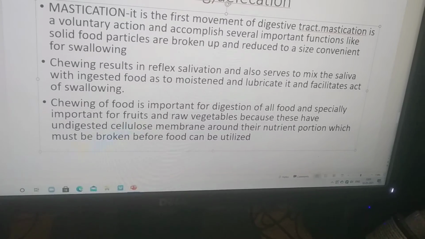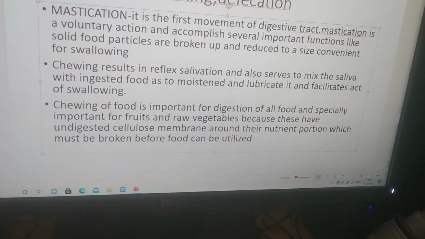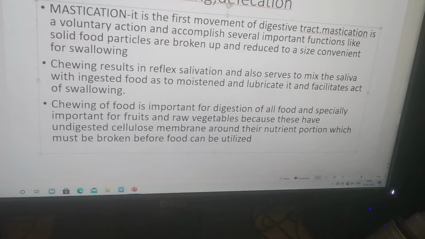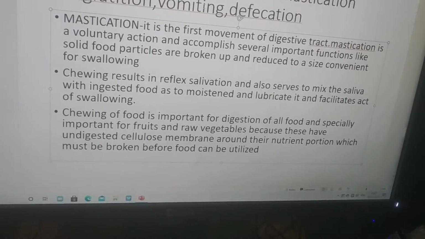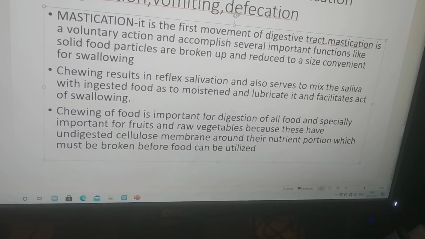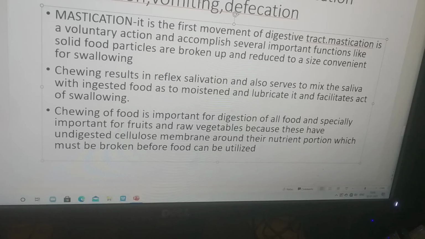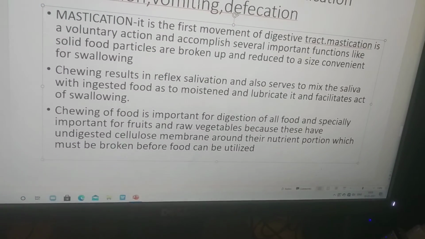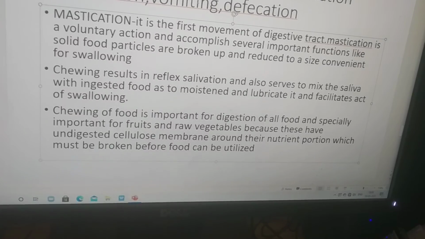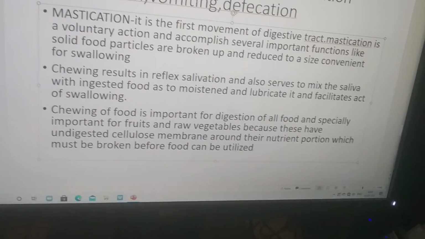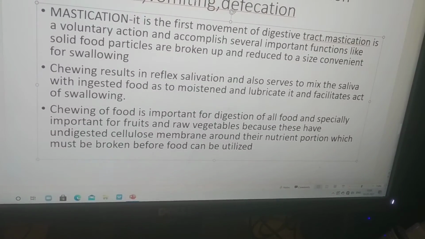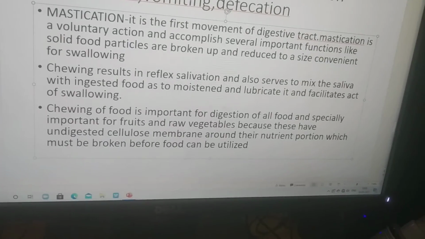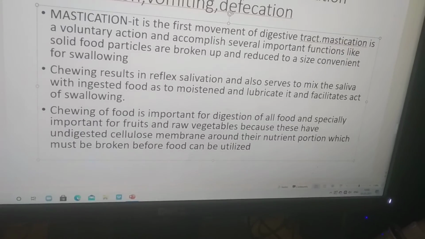Then chewing of food is important for digestion of all food and especially important for fruits and raw vegetables because raw vegetables and fruit contain undigested cellulose around their nutrient portion, which must be broken before food can be utilized.